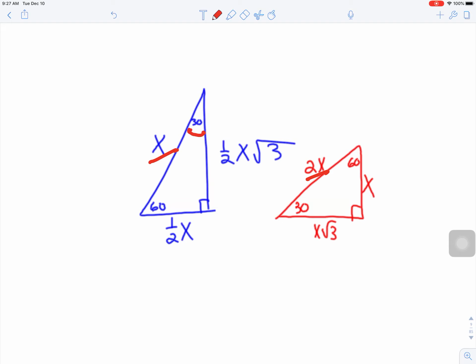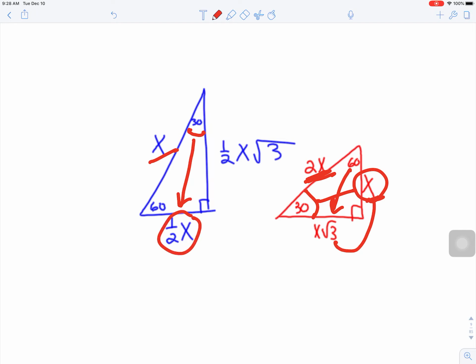So here's the 30 degree. Across from that is half the hypotenuse. In this picture, if this was 2x, the side across from the 30 is half of that number. Then the side across from the 60 is that number times the square root of 3. So in this case, that number times the square root of 3.